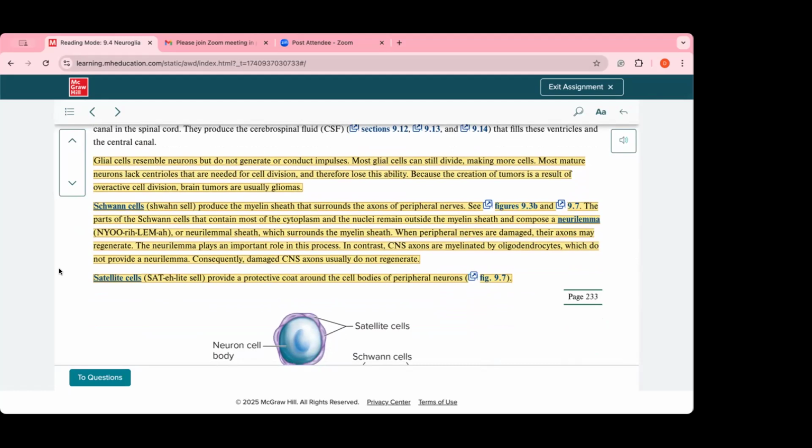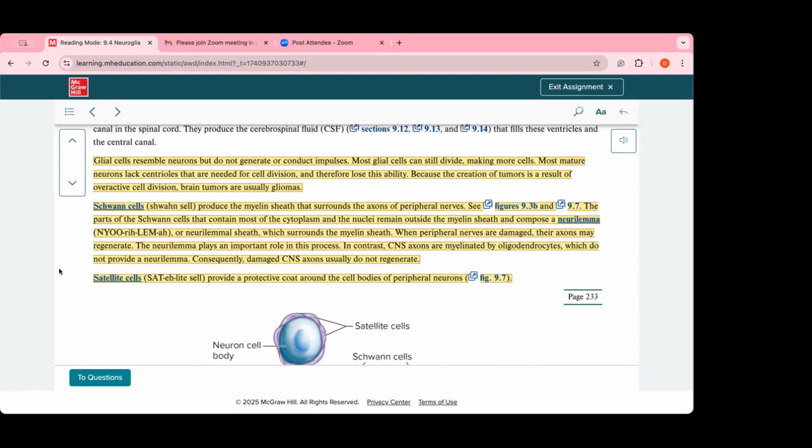Oh, I see why I was getting confused. Schwann cells produce the myelin sheaths that surround the axons of peripheral nerves. So Schwann cells produce the coating in peripheral nerves. Satellite cells actually coat the cell body, so not the sheath itself. The Schwann cells produce the myelin sheath, but satellite cells provide a protective coat around the cell bodies. So satellite cells.